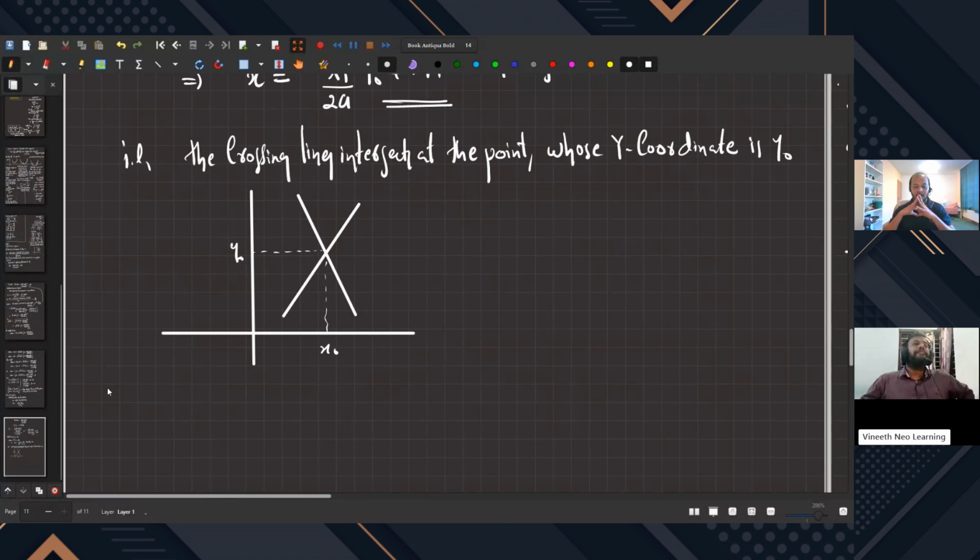The reason there are two lines is because we have a quadratic equation, isn't it? The quadratic equation has two roots. I will stop sharing my board so that the audience can see you correctly. So the reason we have two lines crossing each other is because x is a quadratic equation.